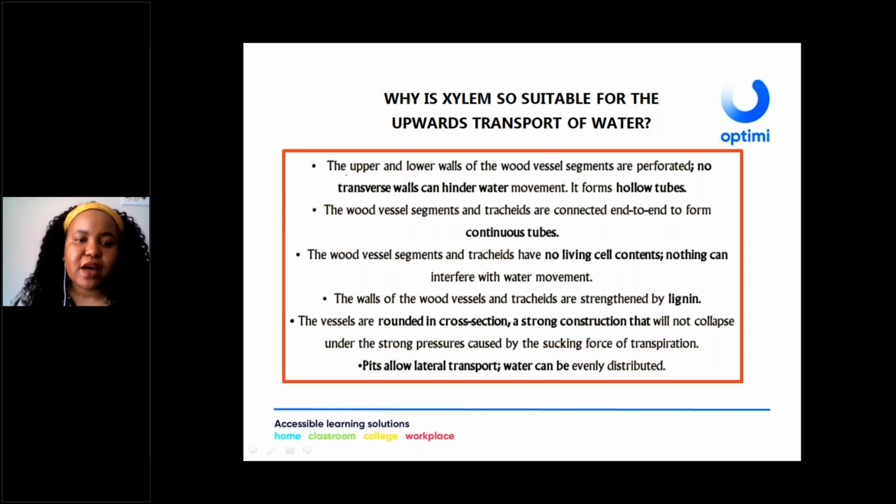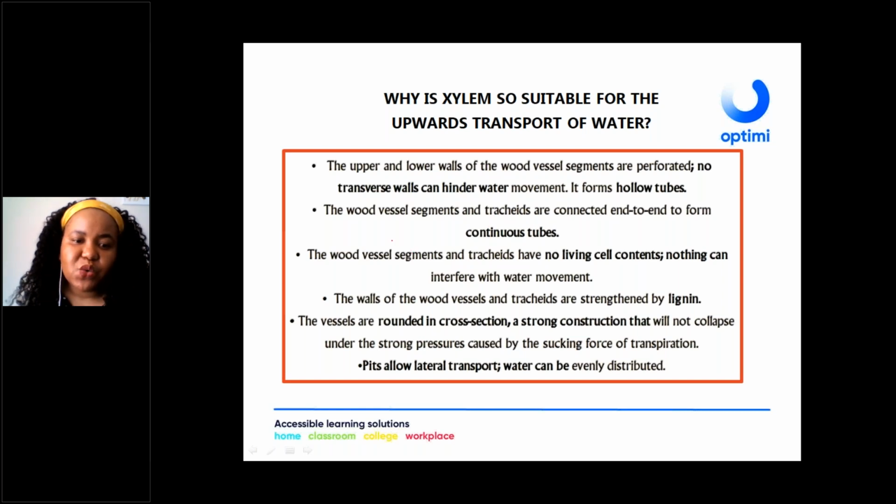Okay, so the upper and lower walls of the wood vessel segments are perforated. This means that no transverse walls can hinder water movement.